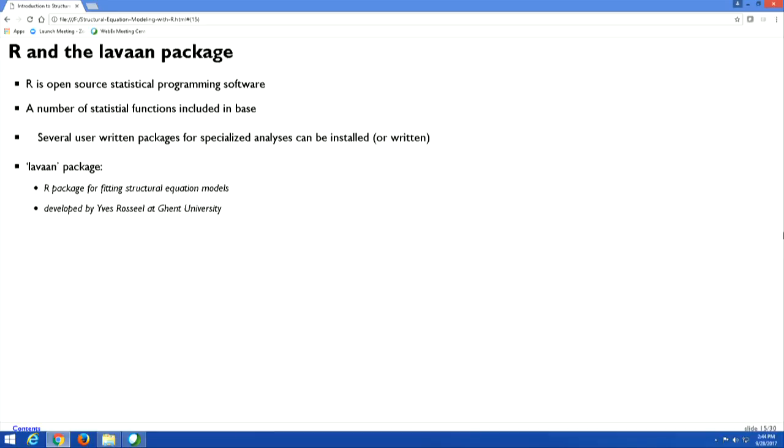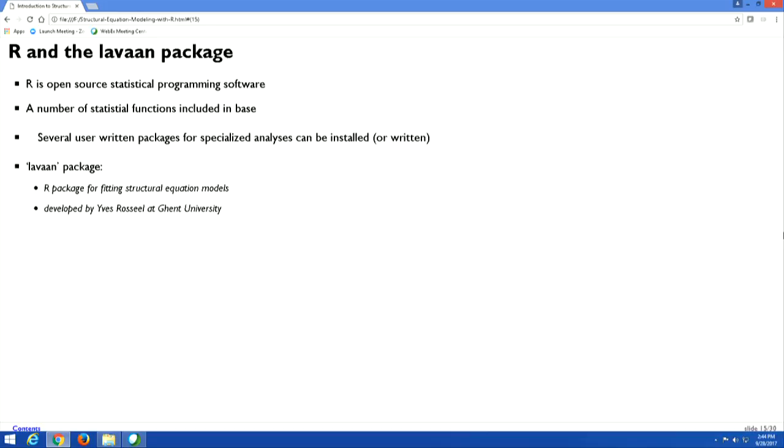Although now, as part of its base package, if you just install R on your laptop or desktop and open it, it does have a lot of statistical functions in there. You can do linear regression, principal component analysis, factor analysis, generalized linear modeling, a whole bunch of different types of modeling.